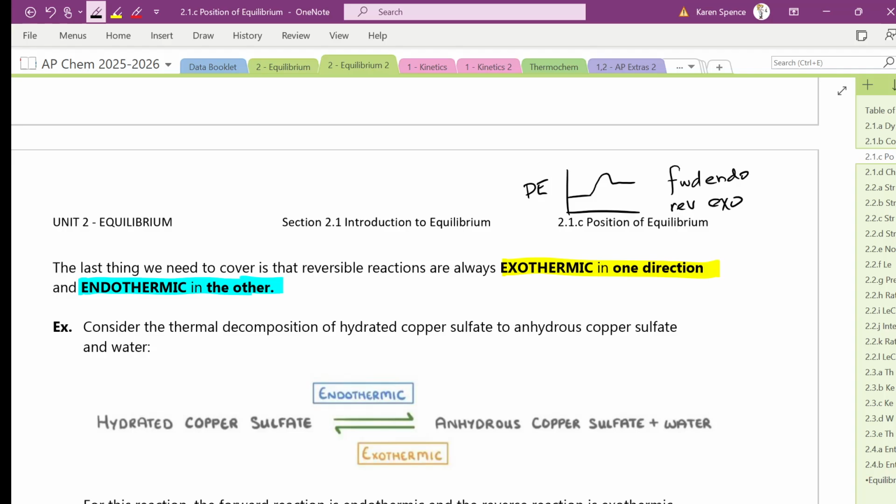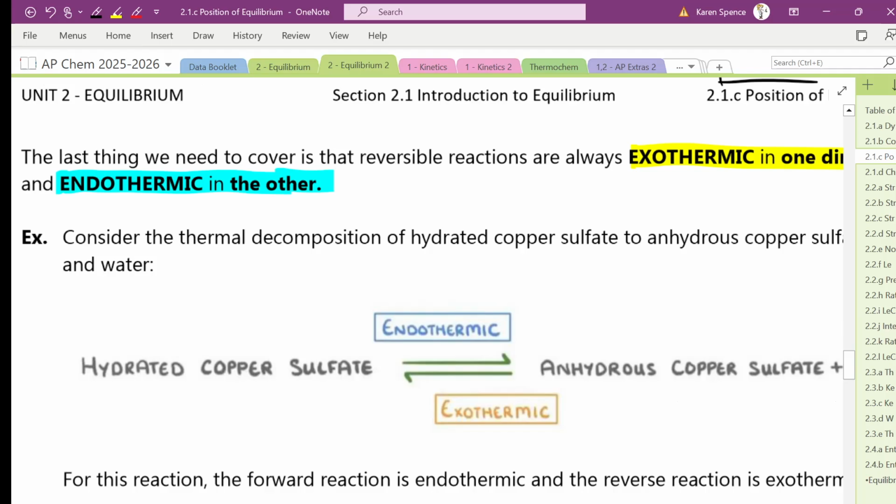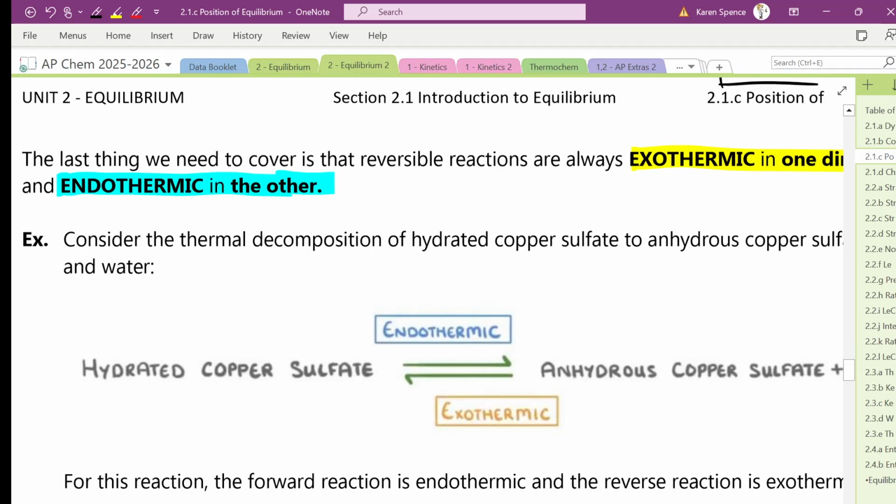So last year, what we did was we were going in the forward direction. Did we last year collect all the copper sulfate afterwards? I feel like maybe we didn't because it didn't work out in terms of timing. But if you put water back in, it actually gets really hot.